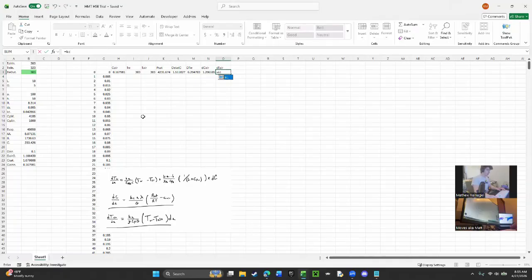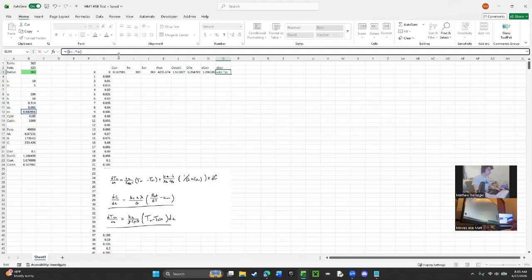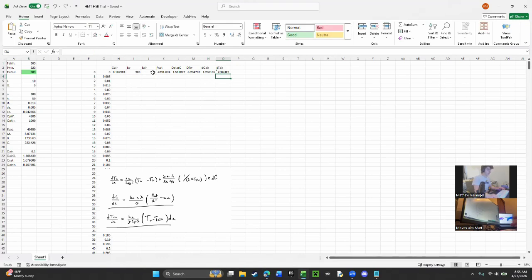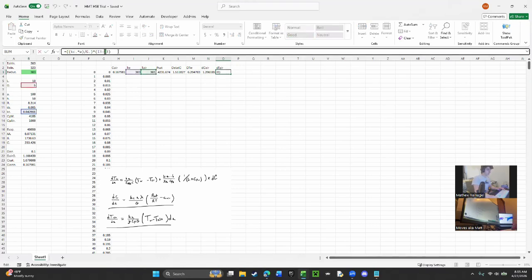That's going to be Kc times A divided by G, and this will be multiplied by the change of temperature from the water minus the air. Oh, I forgot to put a period there.